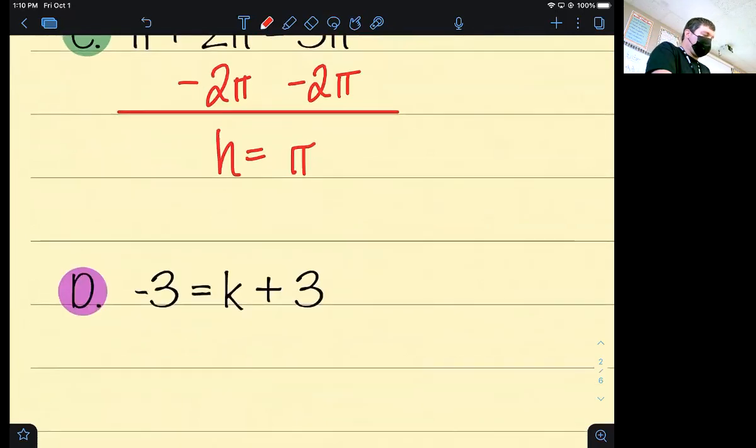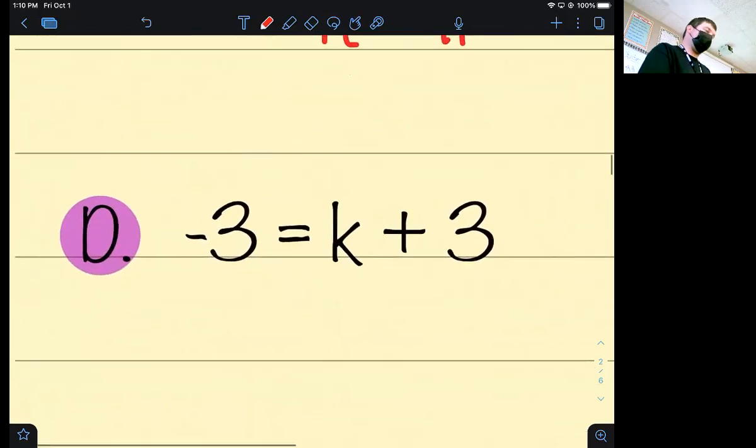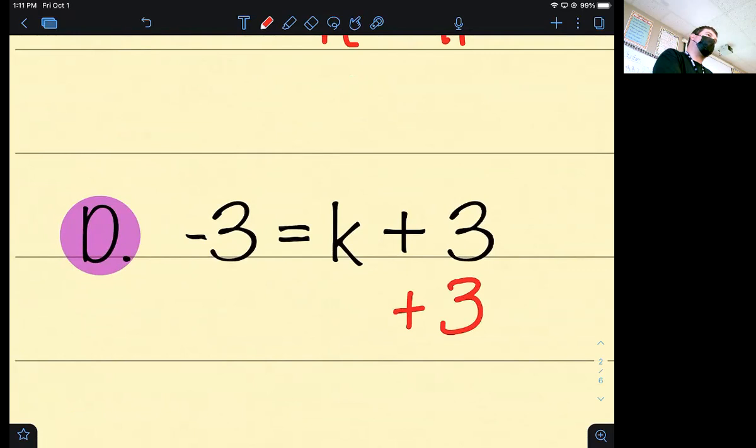Next one, -3 equals k plus 3. Emerson, what do I need to do to the variable side to get k by itself? Add 3 to the variable side. Wouldn't that make that k plus 6? Well, that doesn't make it go away. So you subtract 3, okay.